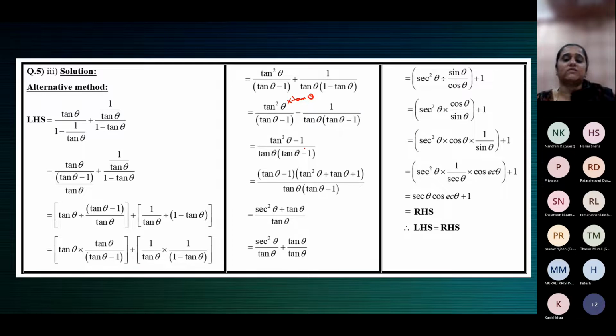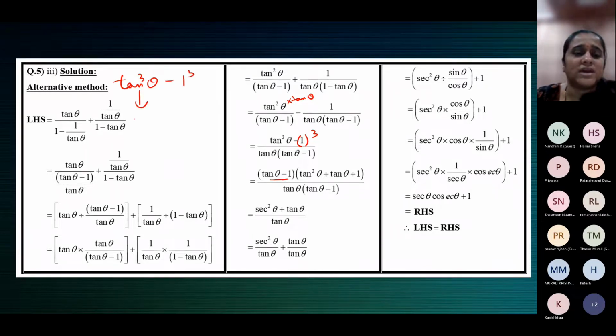Now the numerator is in the form a cubed minus b cubed because 1 is nothing but 1 cubed. So a cubed minus b cubed is a minus b times a square plus ab plus b square. See here, tan cubed theta minus 1 cubed. So a is tan theta and b is 1.